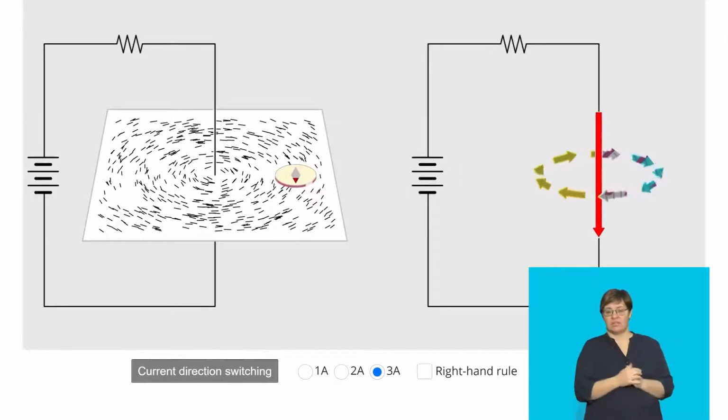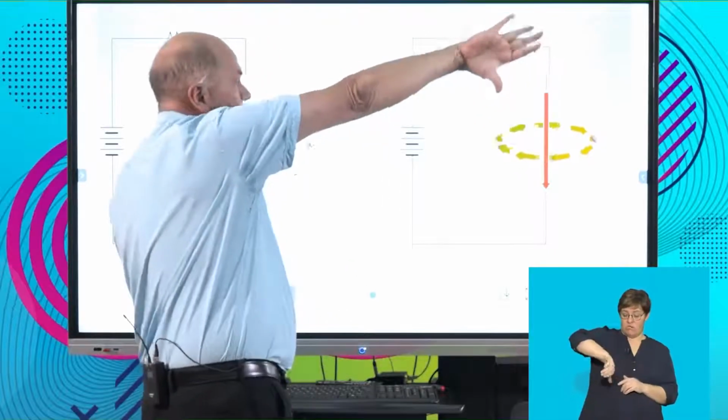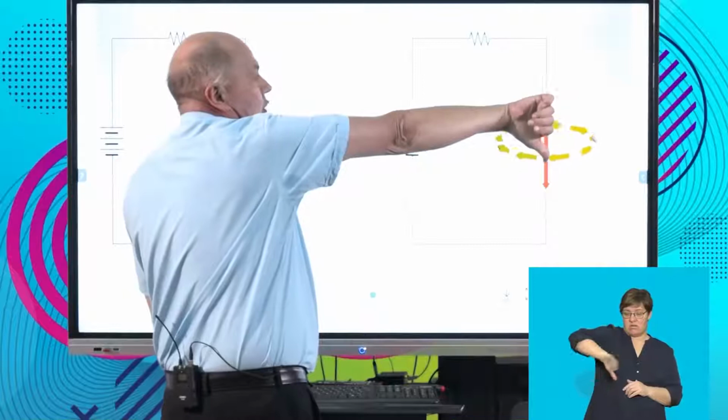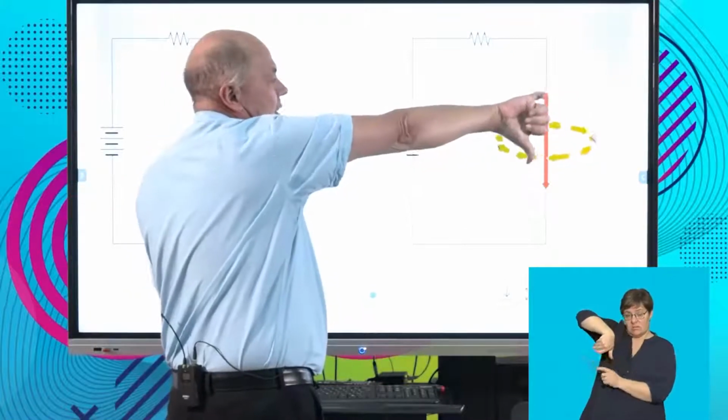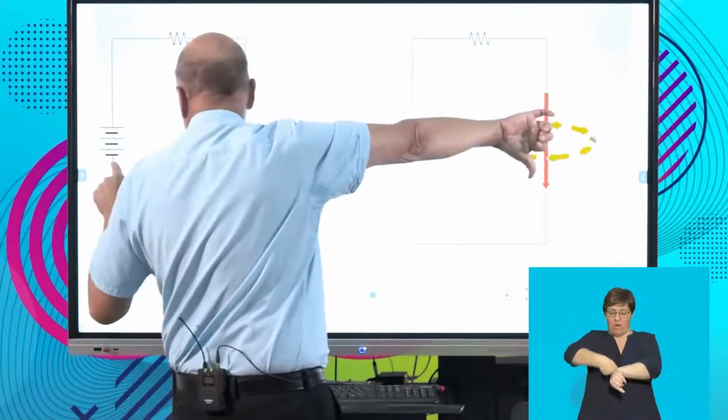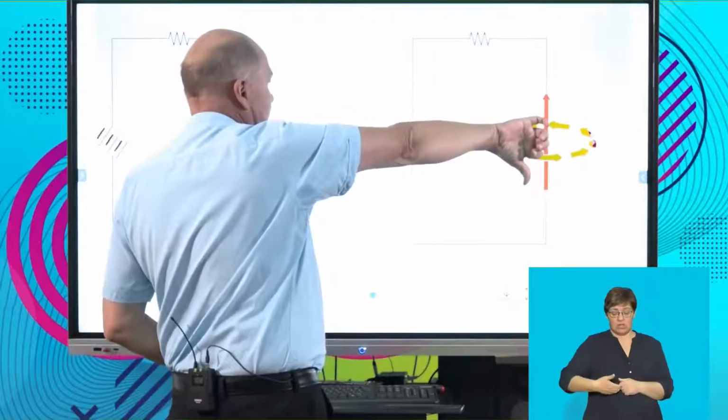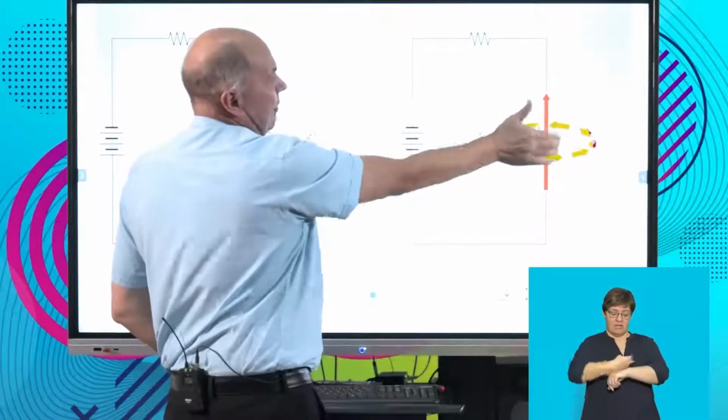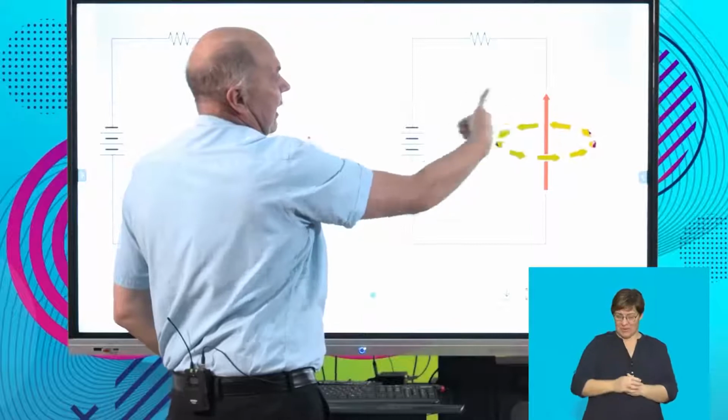So when the direction of the current over here is going from positive to negative, and we recognize then the current is going down, can you see that the thumb points down and the curl of the fingers is in that clockwise direction? Whereas if I change the direction of the current, it's now going up and the direction of the field is in the opposite direction.